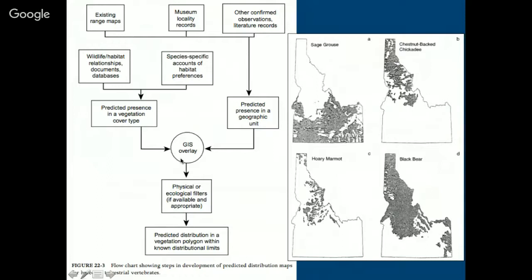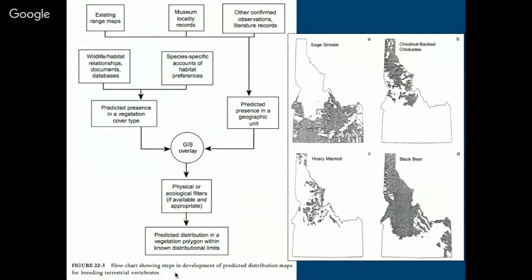you overlay those two things in a GIS, and you may apply further physical or ecological filters, like only above a certain elevation. And then you have, as a result, the predicted distribution within a polygon.